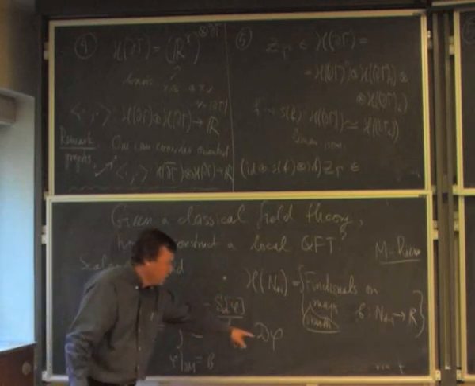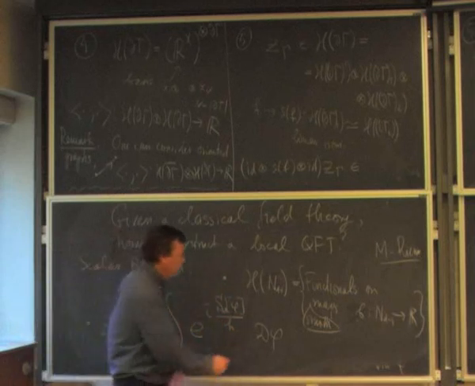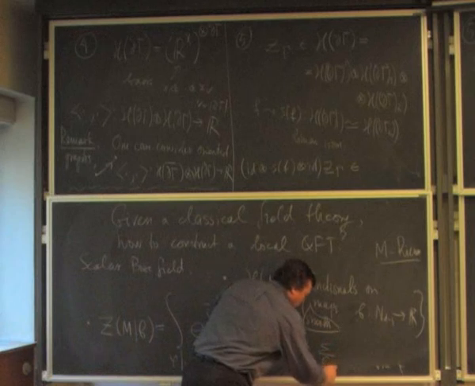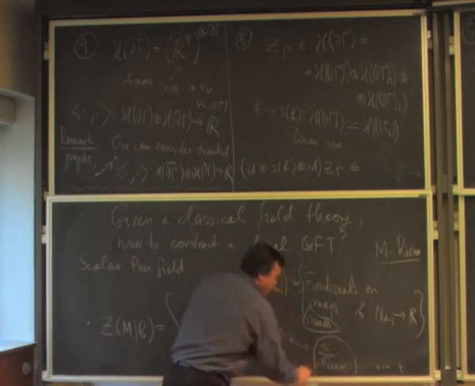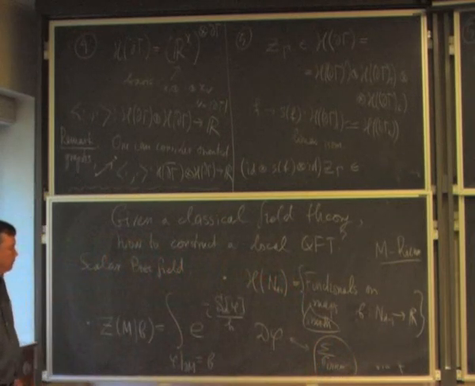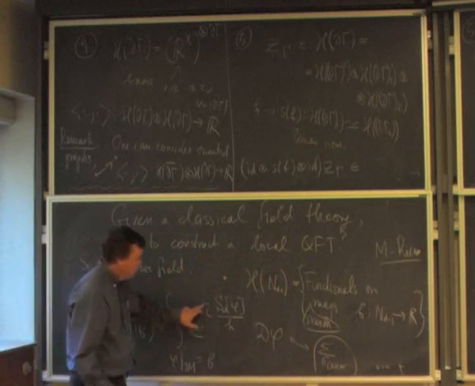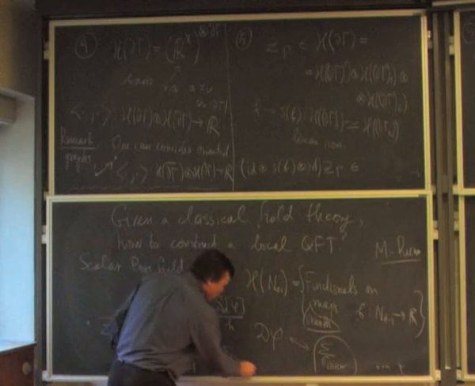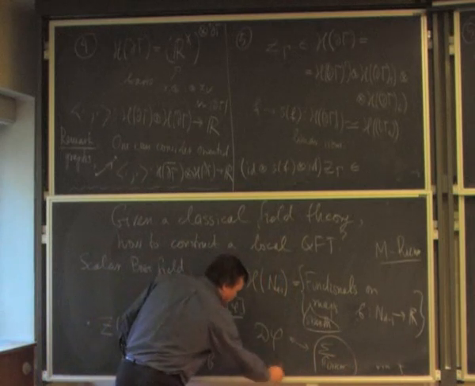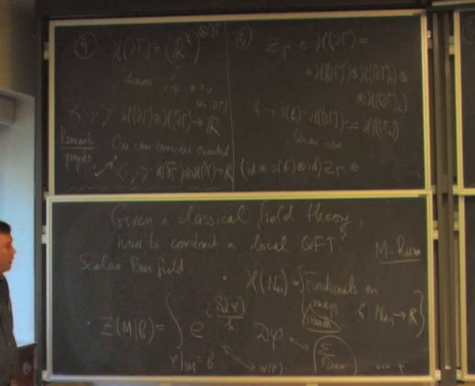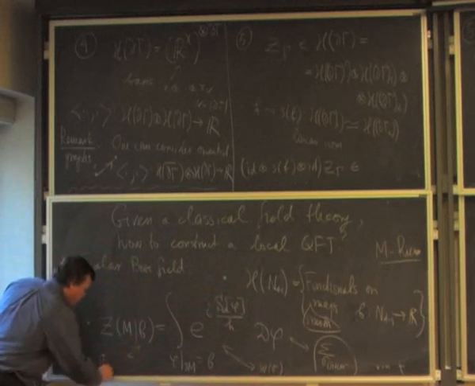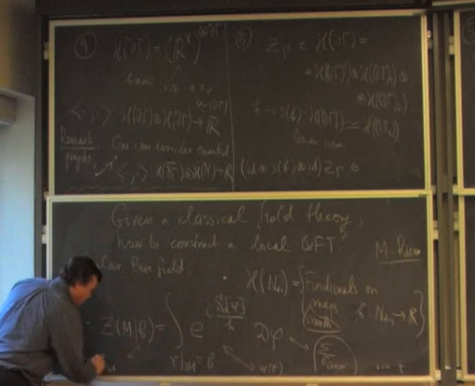So in some sense, integration over d phi is the analog of the summation over inner states. And these weights are the analogs of WC. And this is the analog of sigma out.